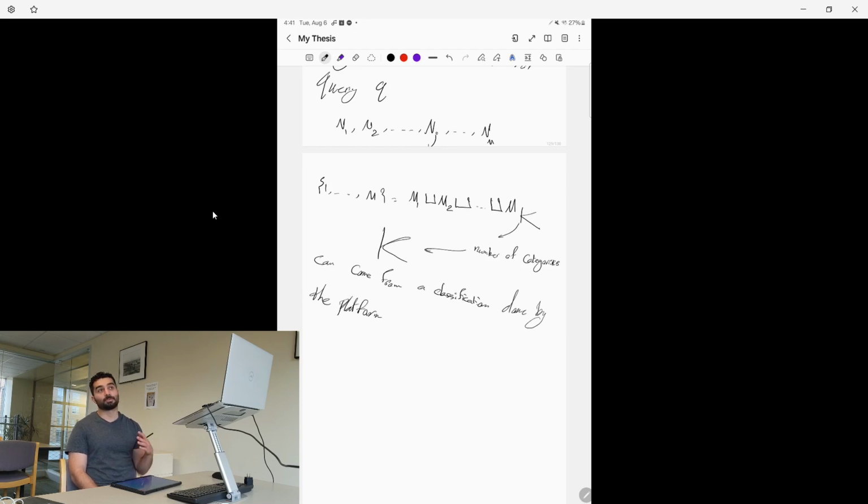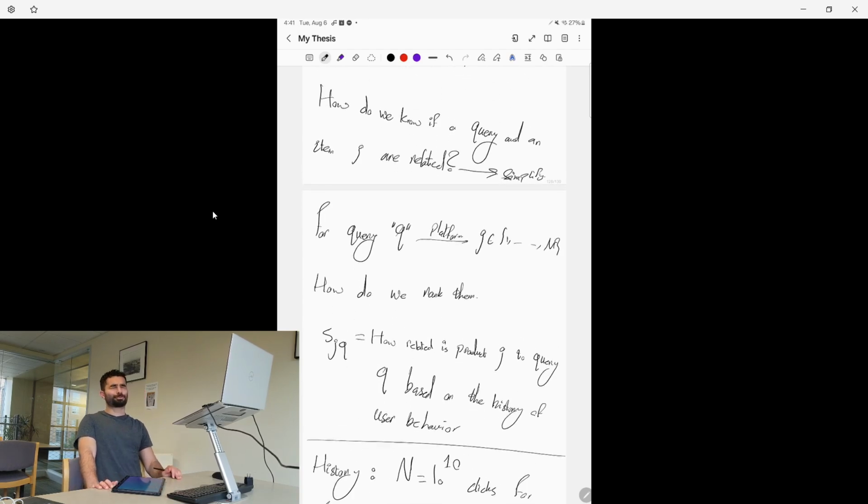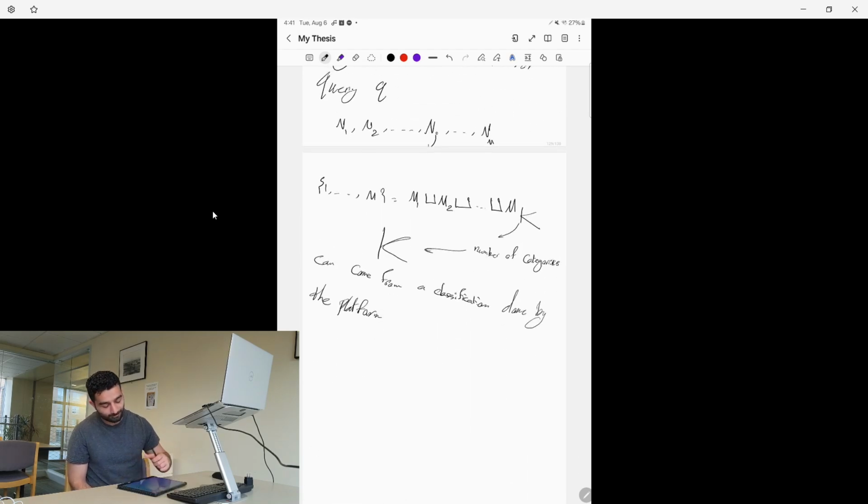Yes, somebody may say we can optimize also on K, how many categories we have, but we need to stop somewhere in order to start. We need to stop somewhere in order to start thinking. Let me write it down.